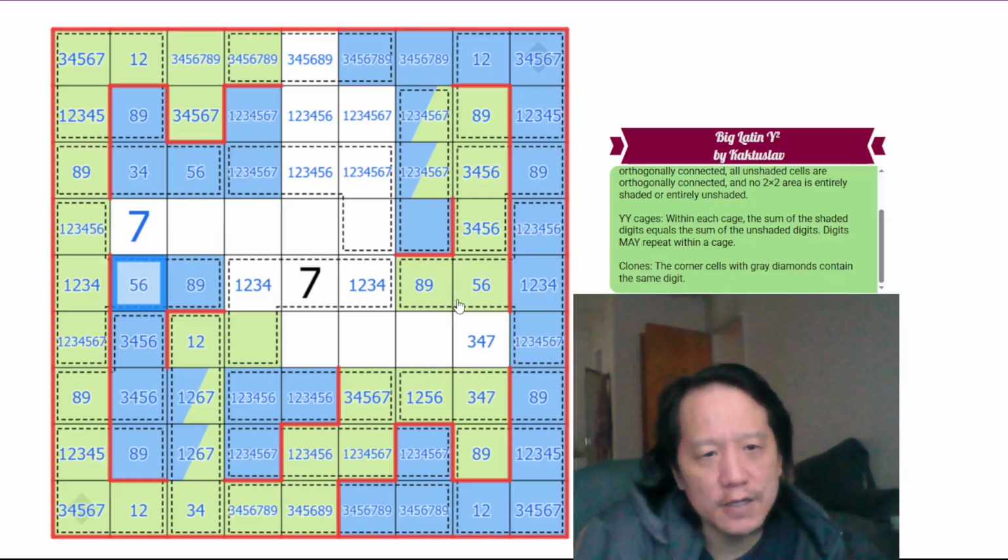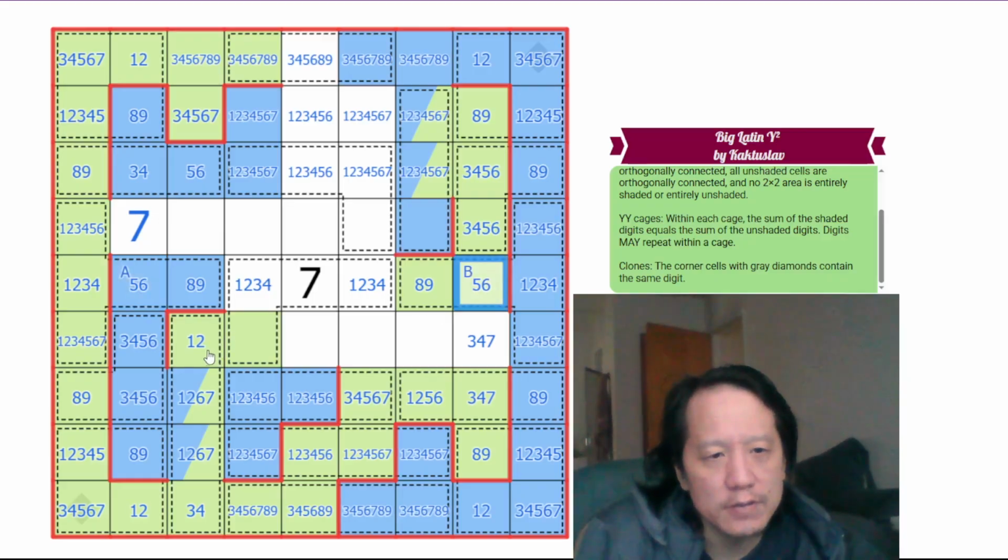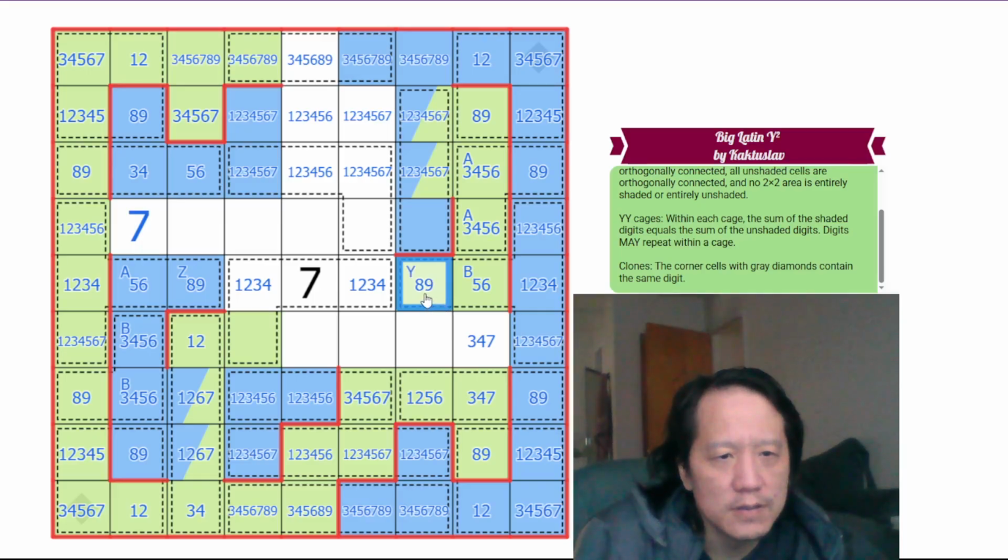So this is A and this is B. That means this must be B here. This must be A here. I guess we'll mark that with Z and Y. Does that help us any? Not particularly.